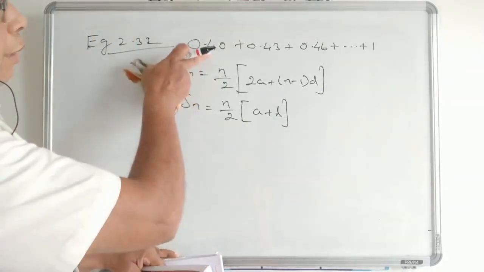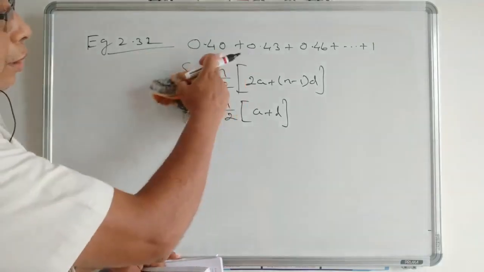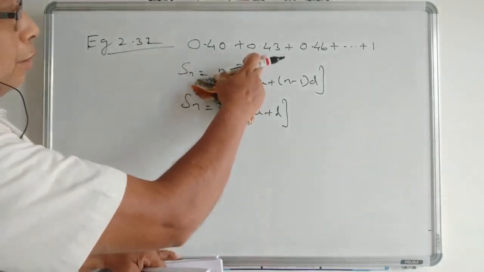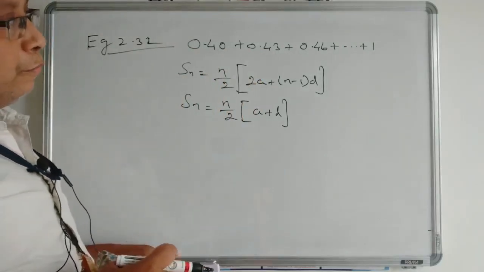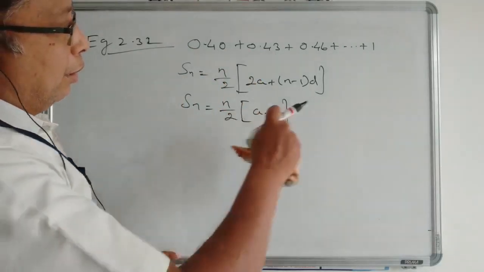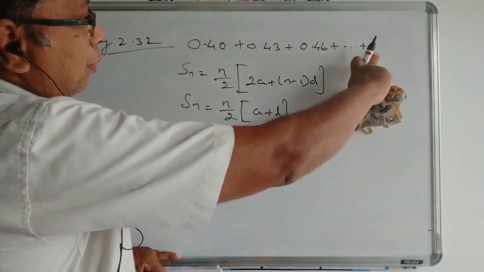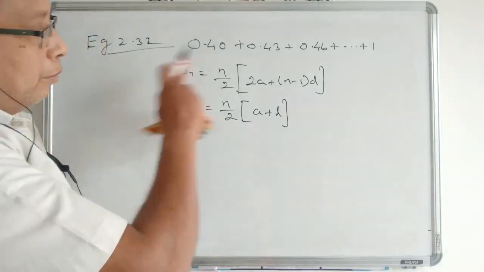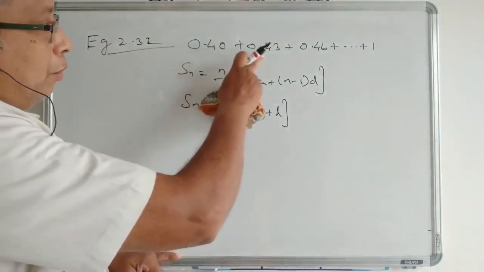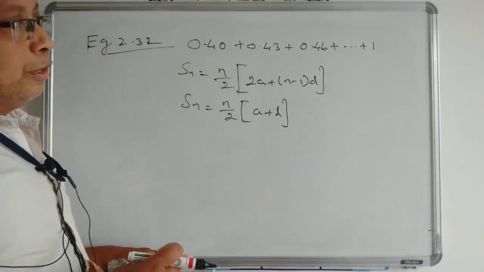You see, the first term is 0.40, the second term is 0.43, so we know the difference between the two terms. Next, the last term is given in the sum. Therefore l is given, so we use the second formula.